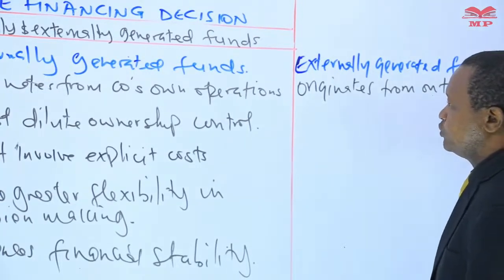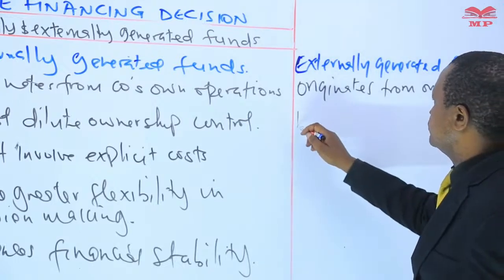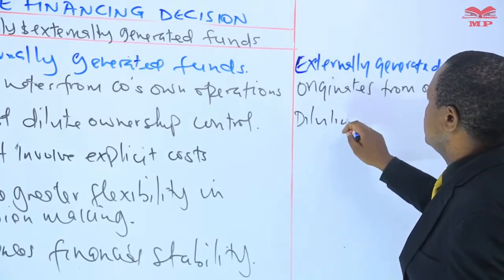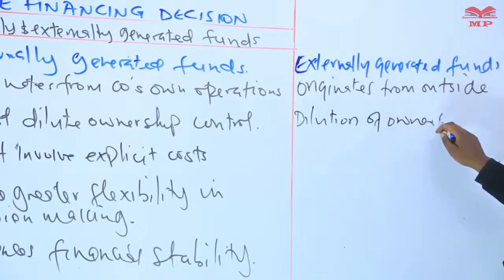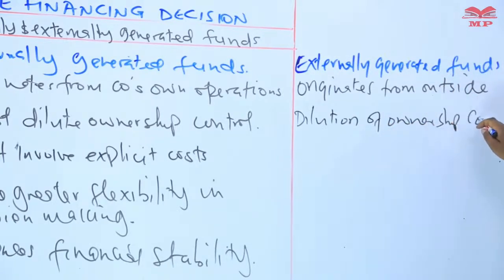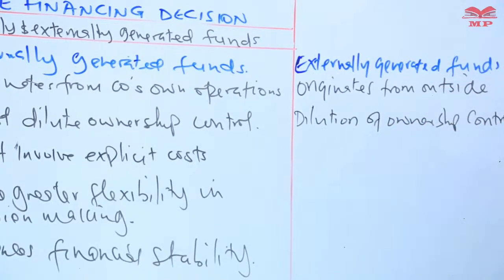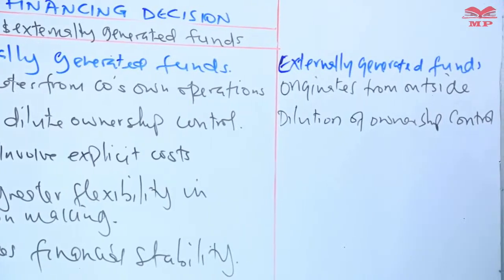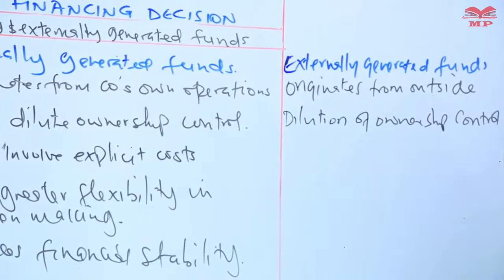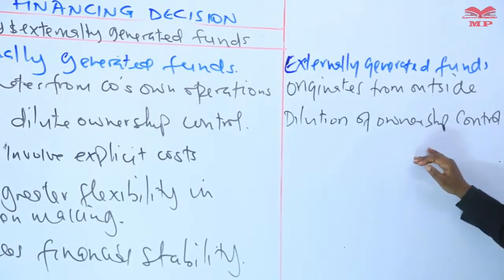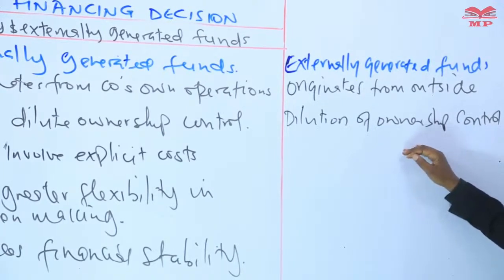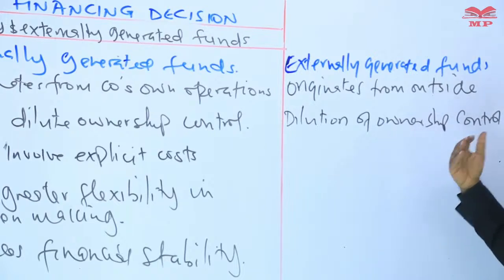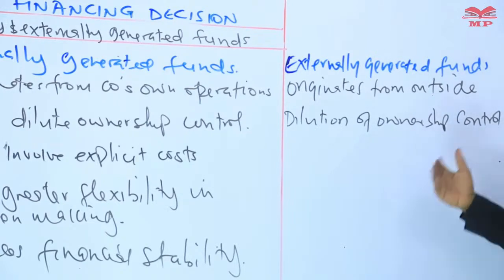This one leads to dilution of ownership control, because new investors are brought into the company, and the existing shareholders do not enjoy a monopoly in ownership. The ownership is now shared once new investors are brought on board.